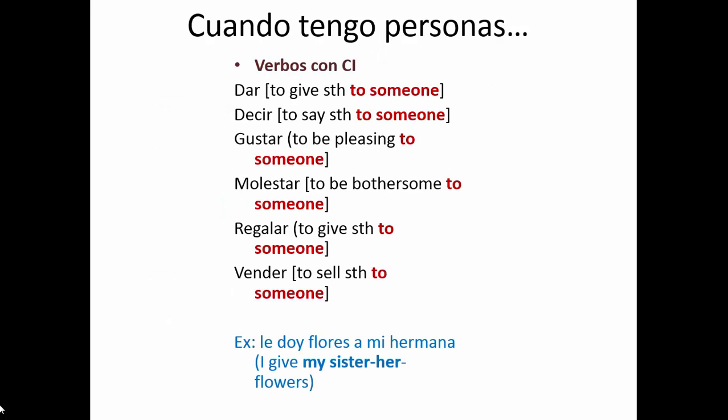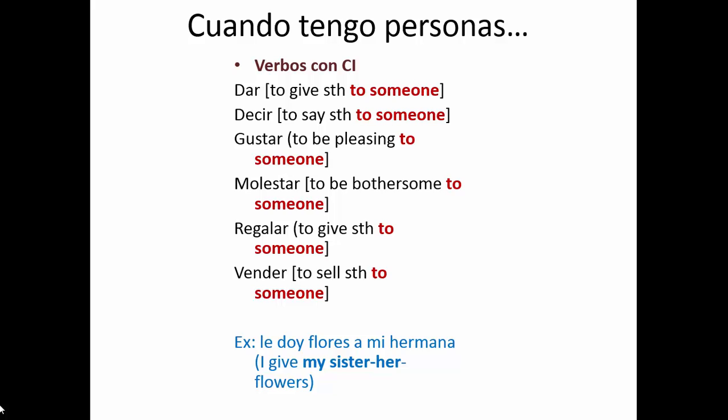So now I just want you to be familiar with using indirect objects, and these are the most common verbs that are used with indirect object pronouns.